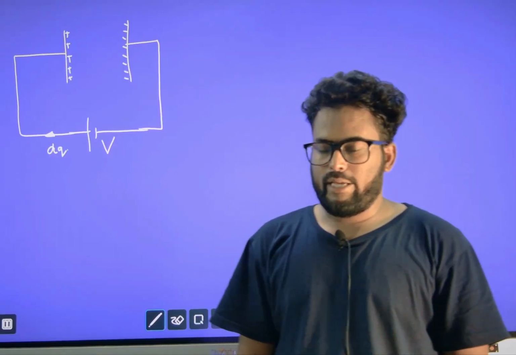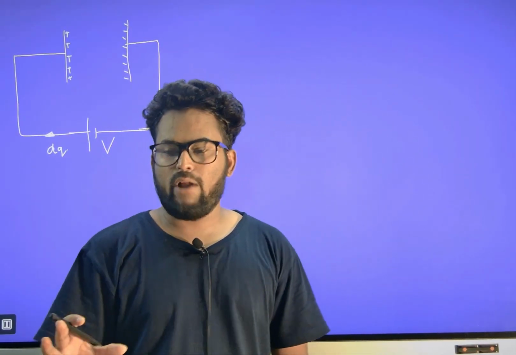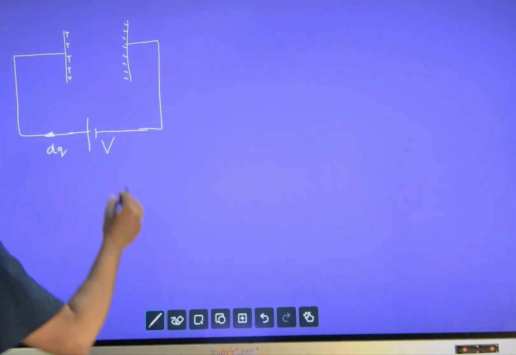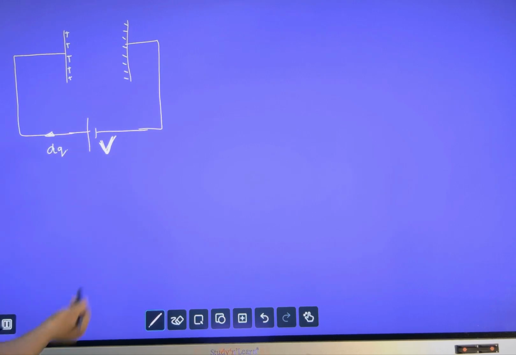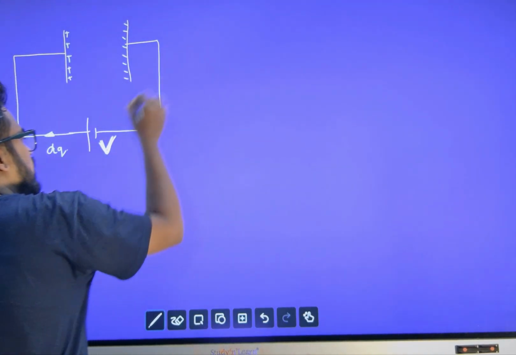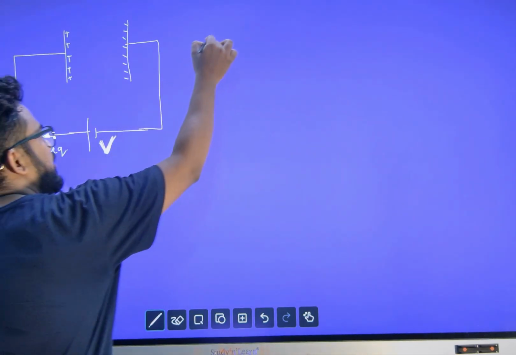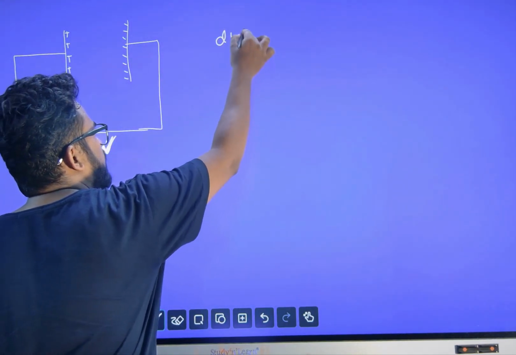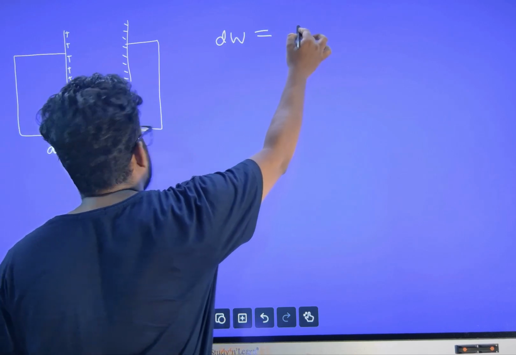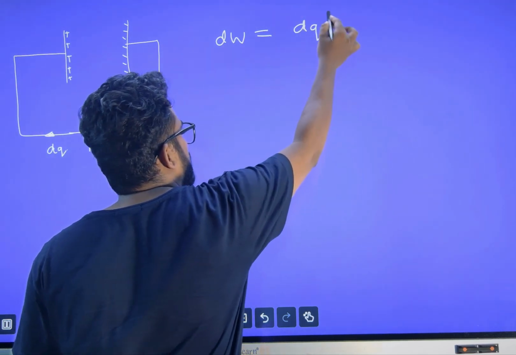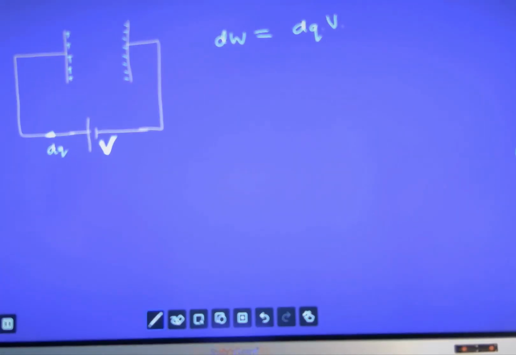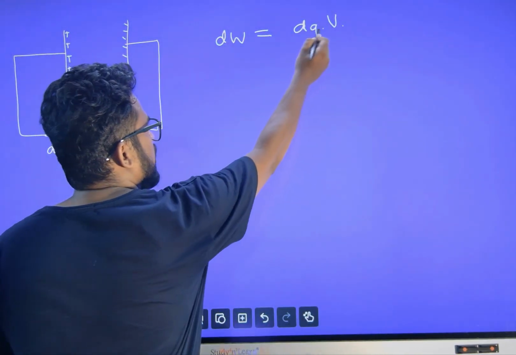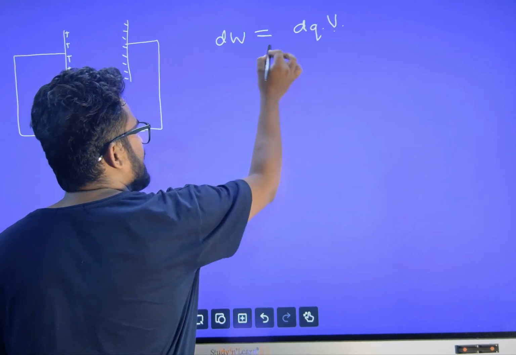Okay, now next one. While charging the capacitor, this process is being done by what? Battery. So battery is responsible for charging the capacitor. So there would be some work done by the battery. If I talk about elemental work done in supplying charge dq, it would be dq into potential. And this potential is because of the battery potential.